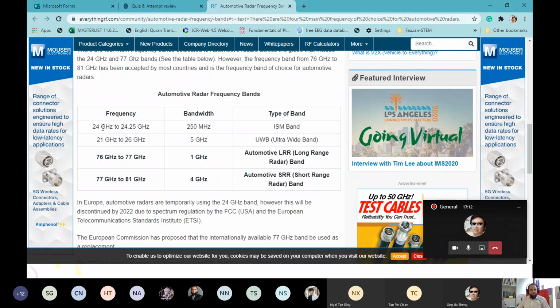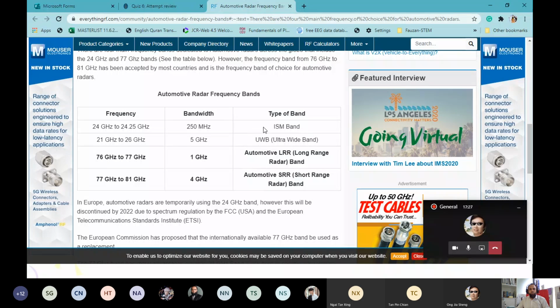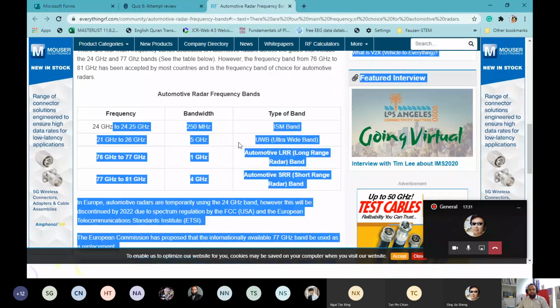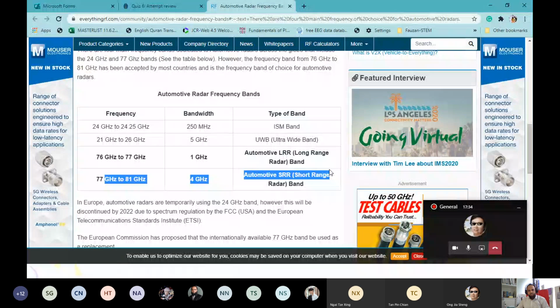If it was supposed to be, suppose it was something like 76 to 81, like long range and short range together, then you can have 76 until 81, then you can have all together. But since they are all separate bands, you need two band pass filters, one for each band. This band separate and then this band separate. Then it's okay. Very good.